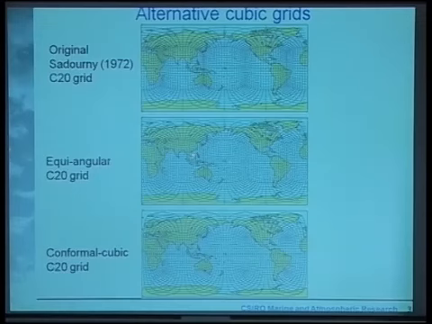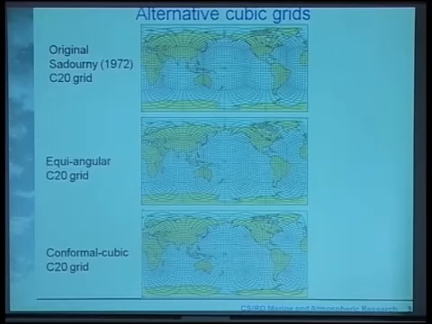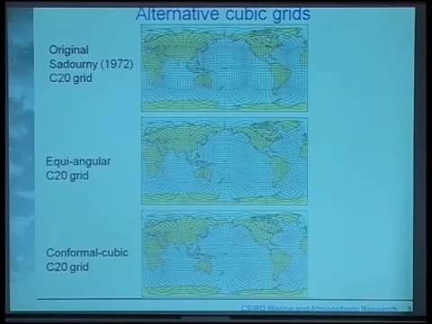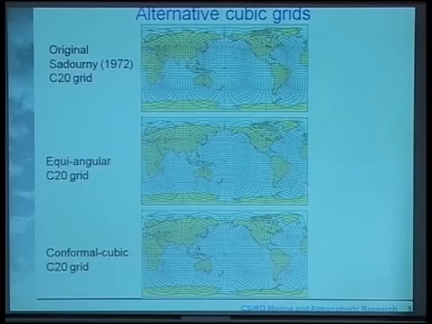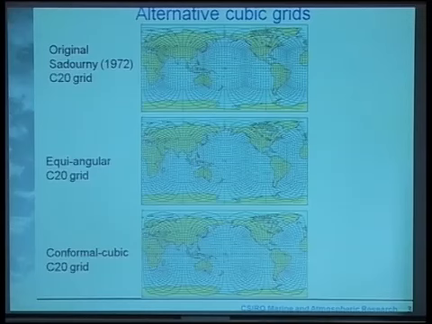But it's a simple matter to make it equiangular, that distribution of X and Y lines on the cube. And when you do that, you get a very uniform grid. And the VCAM I'll talk about later is on that grid, and most other people these days, I think, do use this type of grid when they use a cube sphere grid.